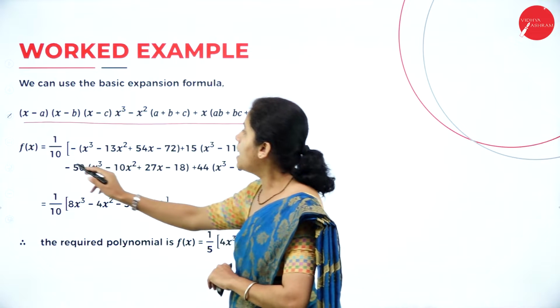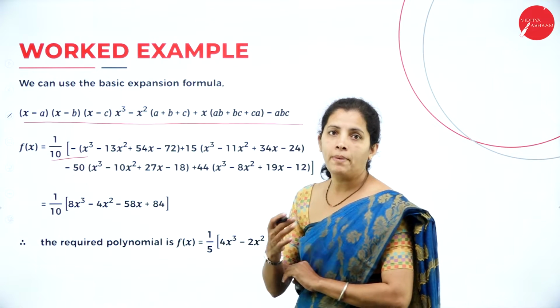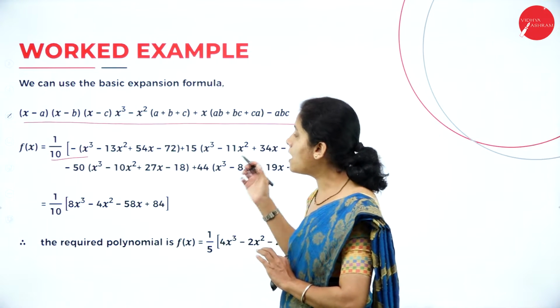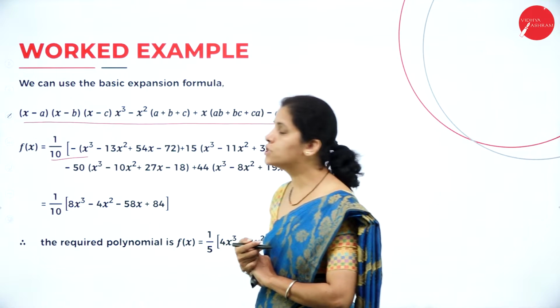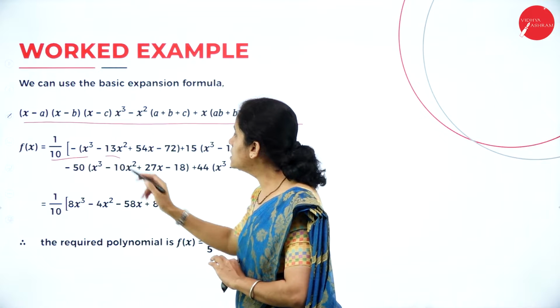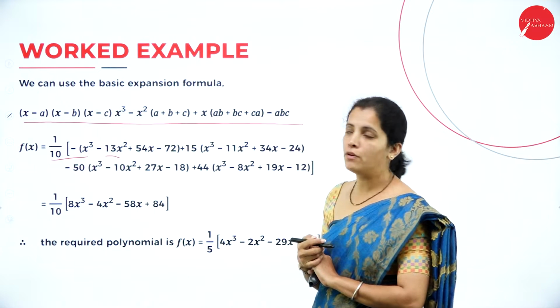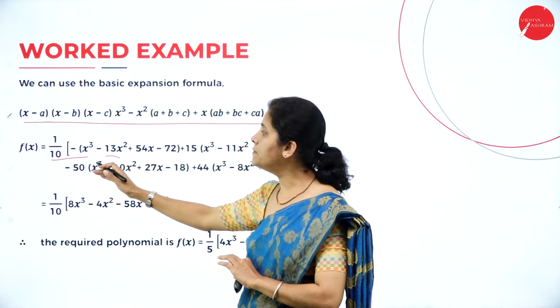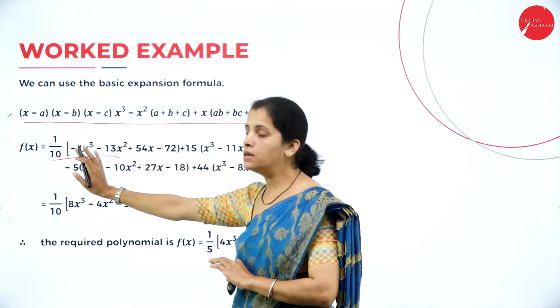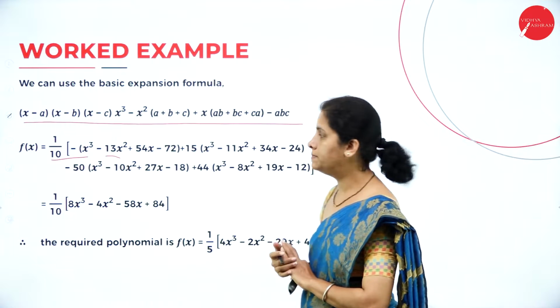Okay, and I'm going to apply the formula. So after applying the formula, after simplifying this one, I'll get x cube minus 13x square plus 54x minus 72. And what is common here? 1 by 10 is common, so I'll take outside.